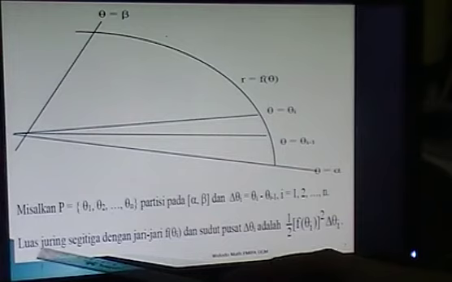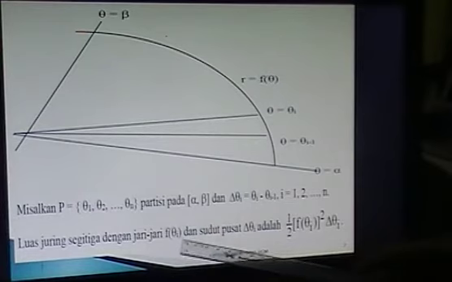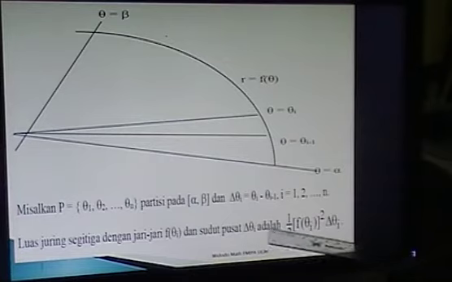So the area of the sector with radius f theta i and angle delta theta i is equal to 1/2 f theta i square times delta theta i.